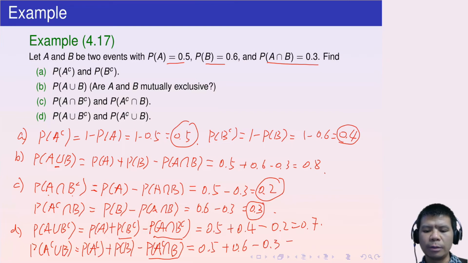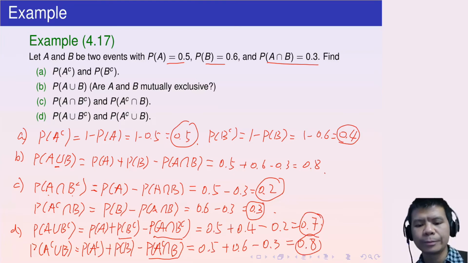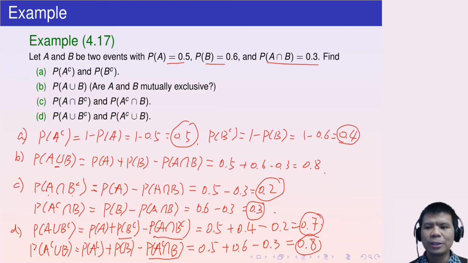So minus 0.3, so it's 0.8. We got these values. All right, so this is basically a similar example using the complement rule, the addition rule, and the difference rule. So you need to know how to use all these probability rules.